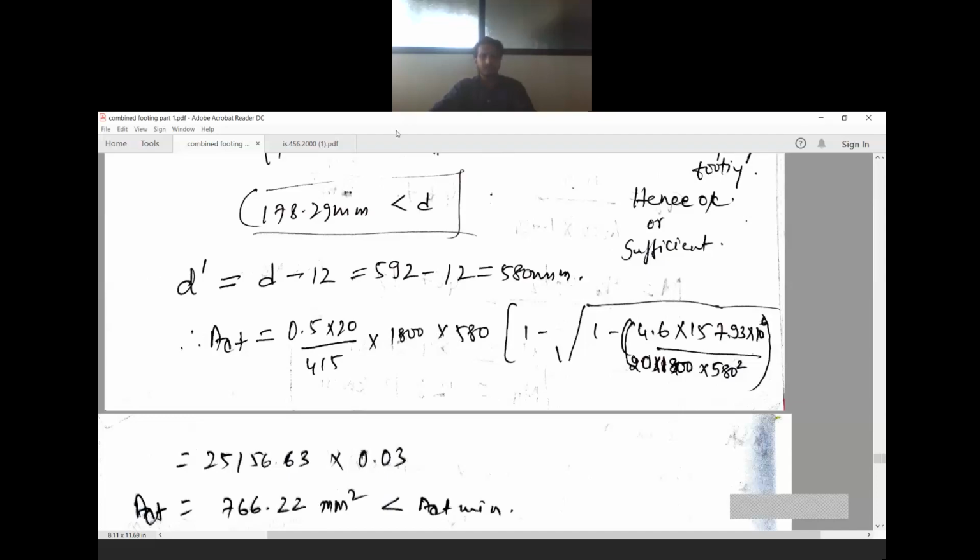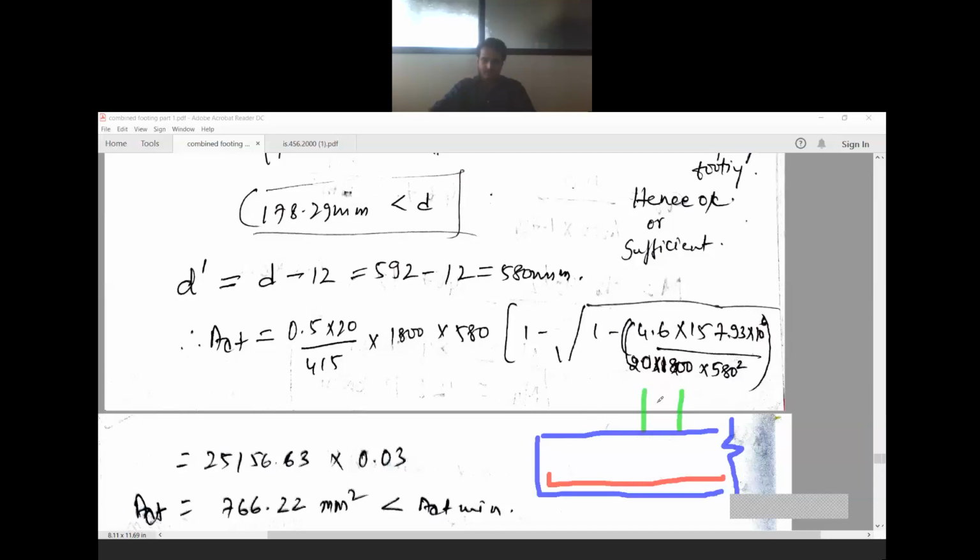Actually, consider this point here. So since this is the depth of the foundation, this continuous image. So we have the main reinforcement. This is the column.